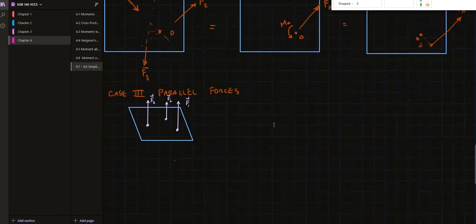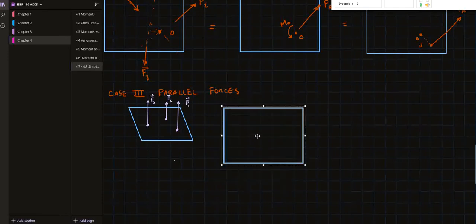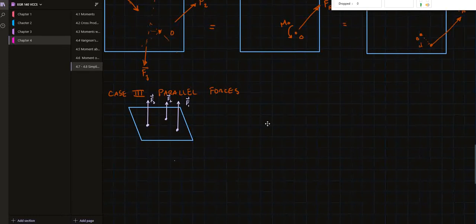Okay, for the next case, I have parallel forces. I can replace these by a single resultant force and a moment.